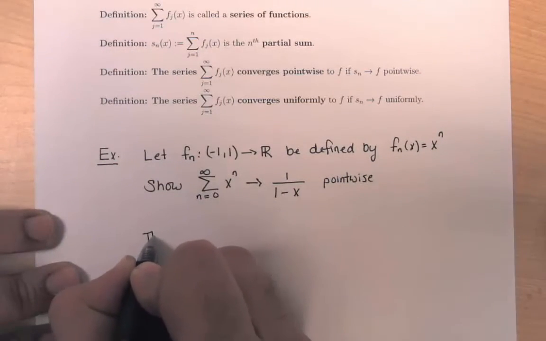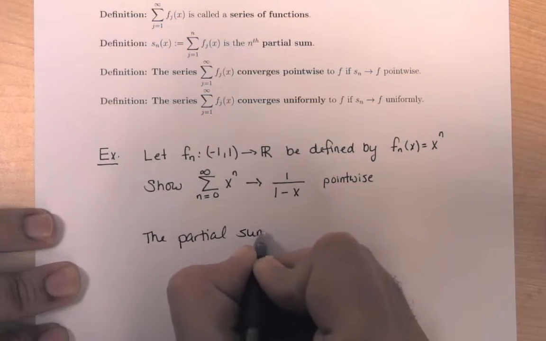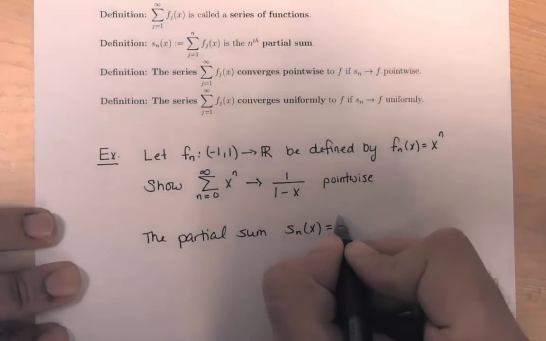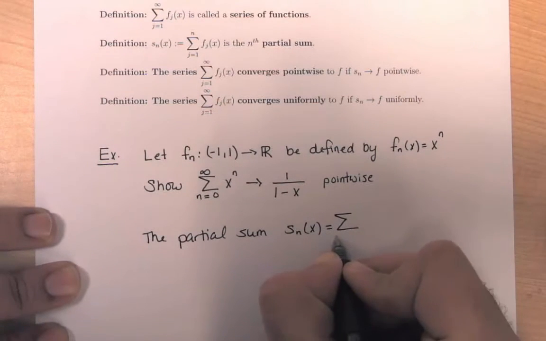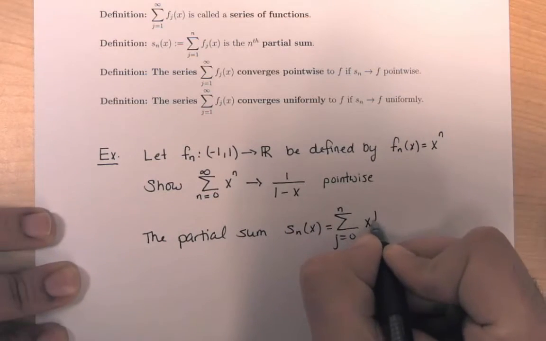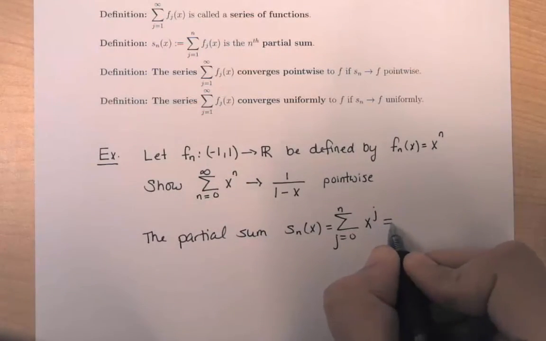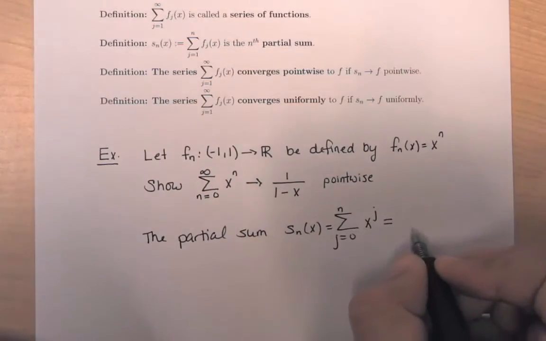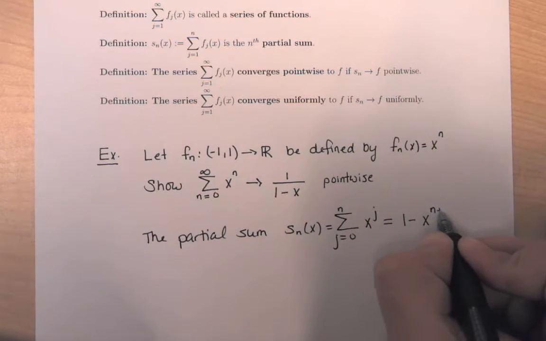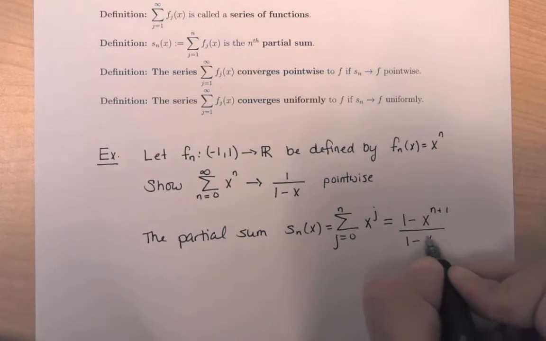Well, the partial sum Sn of x is defined by the sum from j equals 0 to n of x to the j. And we actually have a formula for that. It's equal to 1 minus x to the n plus 1 divided by 1 minus x.